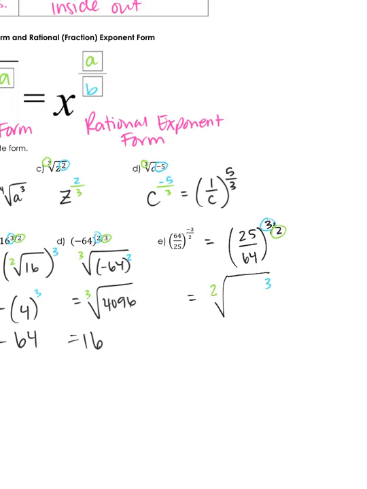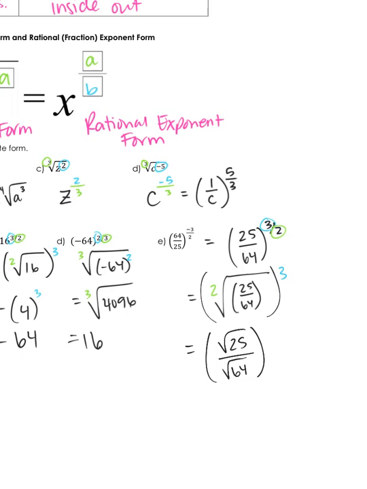Let me go ahead and write my fraction. And actually, I am going to leave this 3 on the outside. So I'm going to do parentheses, and I'm going to put the 3 on the outside because I'm going to be able to find 25 and 64 are both perfect squares. So I know I'm going to be able to find the square root of them. So essentially, I'm breaking this apart. Square root of 25 over the square root of 64.